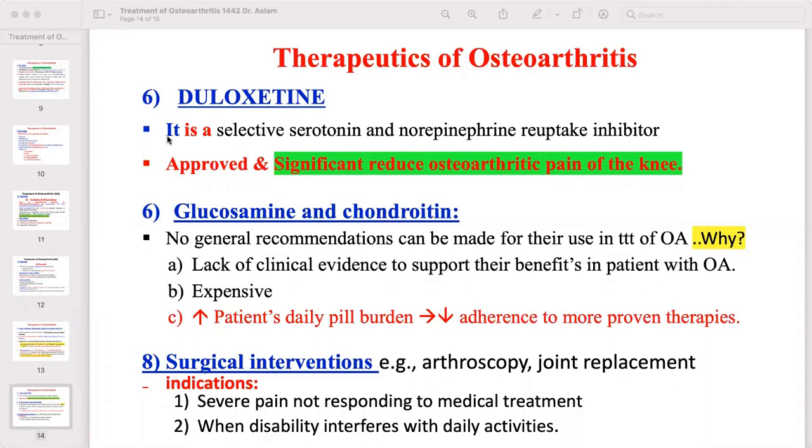If the patient is complaining of pain and the stiffness, and if in the osteoarthritic patient non-steroidal anti-inflammatory drugs are contraindicated, then tramadol should be useful.